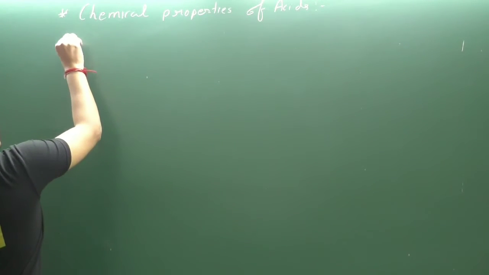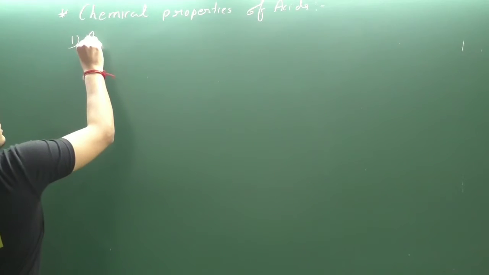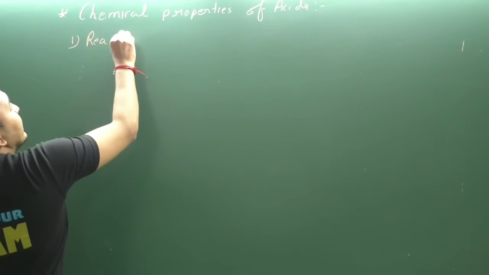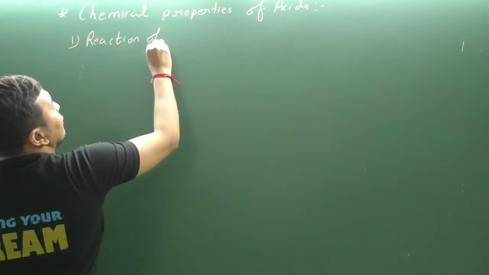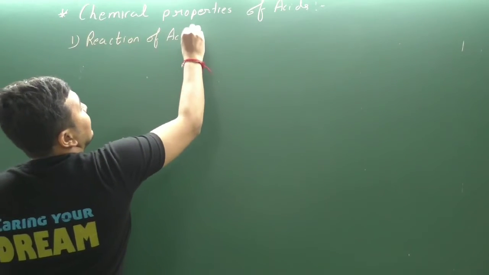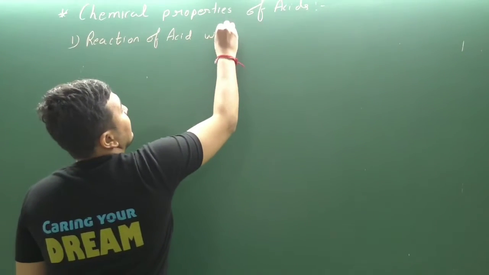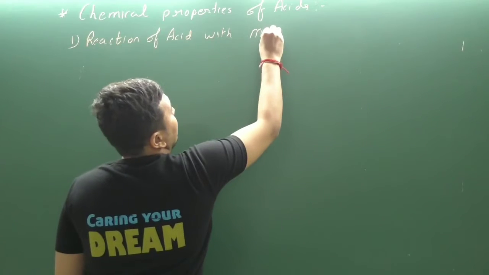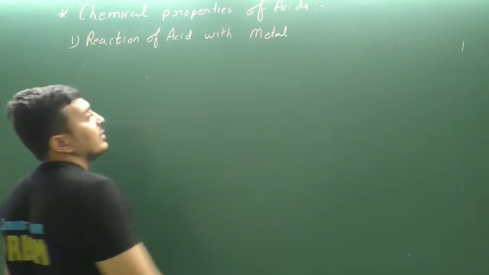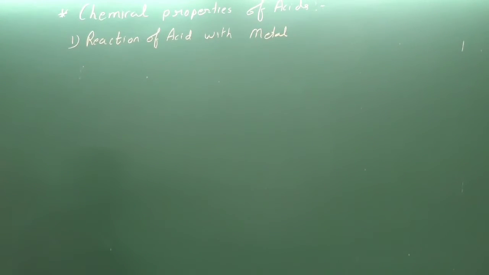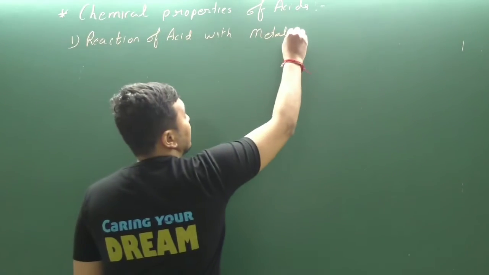So the first chemical property is the reaction of acid with metal. Reaction of acid with metal. This is the first chemical property.